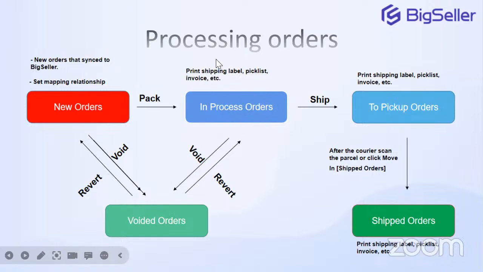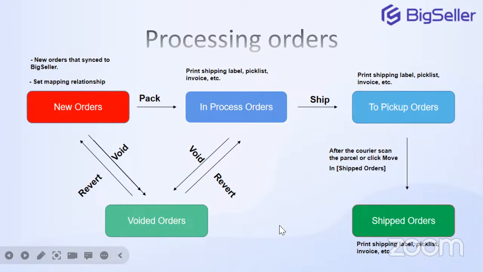Then you can print the shipping label, invoice, pick list, and pack list, pack your package, and ship the order. After the order is shipped, it will be moved to pickup orders, the third status. And after the courier successfully scans the package, the order will finally be moved to the last status, shipped orders.